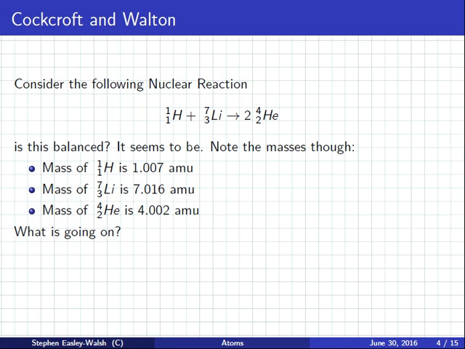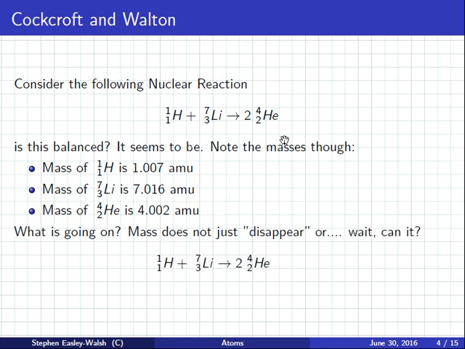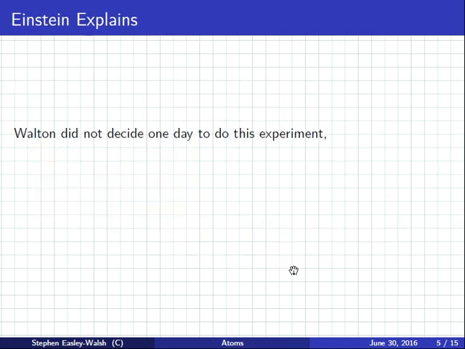But I never actually said the mass is conserved. The mass appears not to be conserved here. The mass does not disappear, or can it? So actually, there must be something missing. Energy.